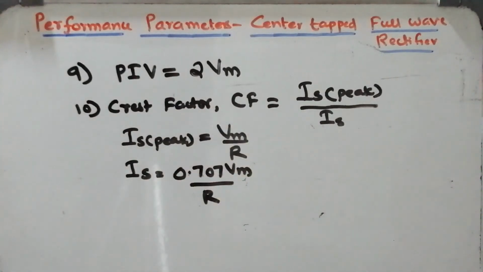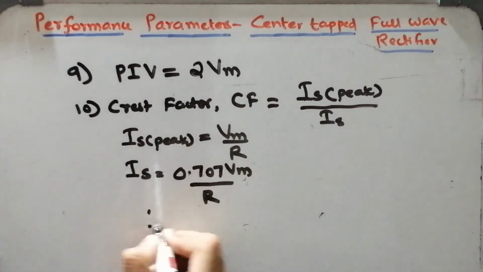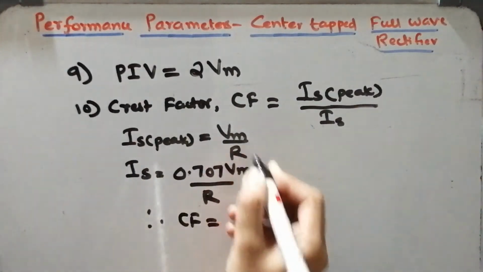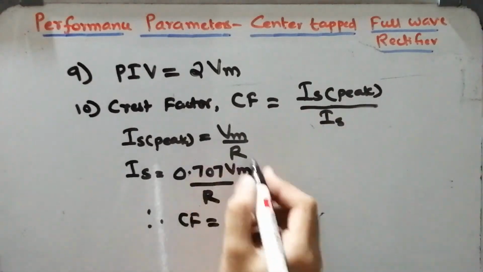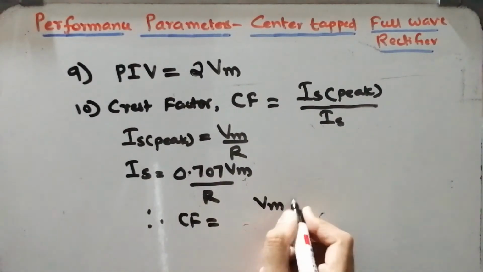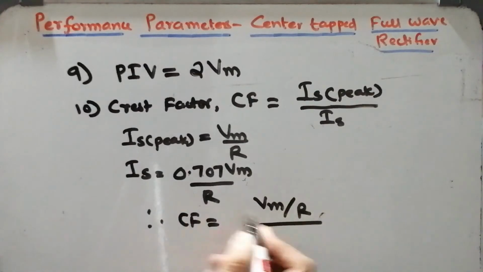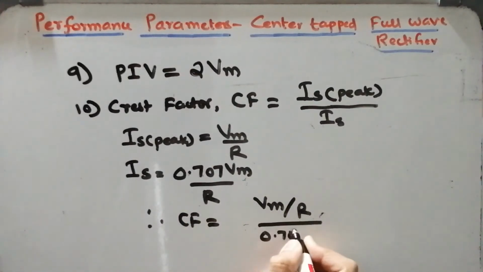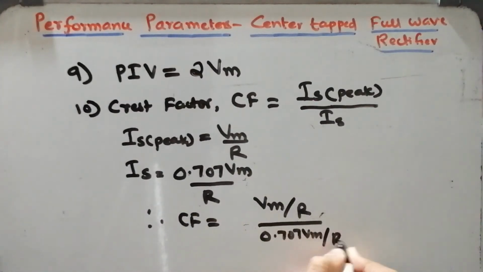Right now you can directly substitute in that equation. Therefore, crest factor is equal to IS peak, Vm divided by R, whole divided by 0.707 Vm by R. Kindly simplify.